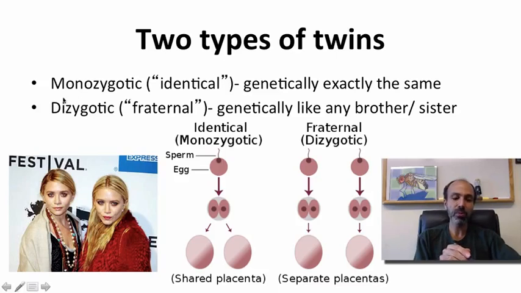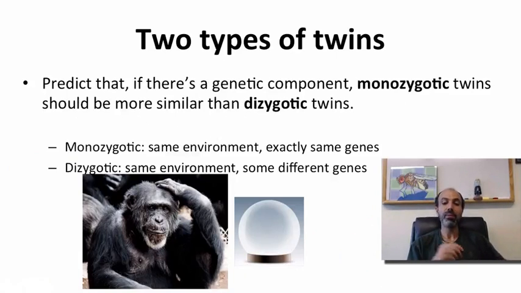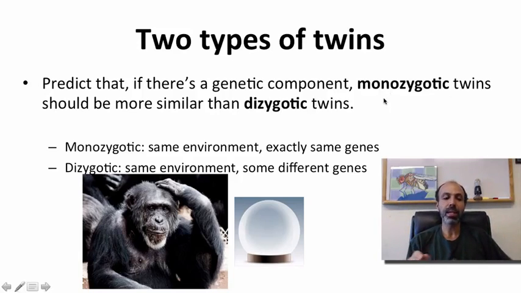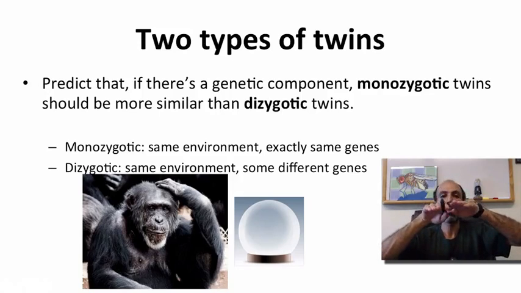Now, we can leverage this difference between the monozygotic and dizygotic twins. We predict if there's a genetic component to some trait. Let's say you're looking at height. Let's say there's a genetic component to the trait. The monozygotic twins should be more similar to each other in that trait, such as height, than dizygotic twins. On average, across monozygotic twins, they should be very, very similar.